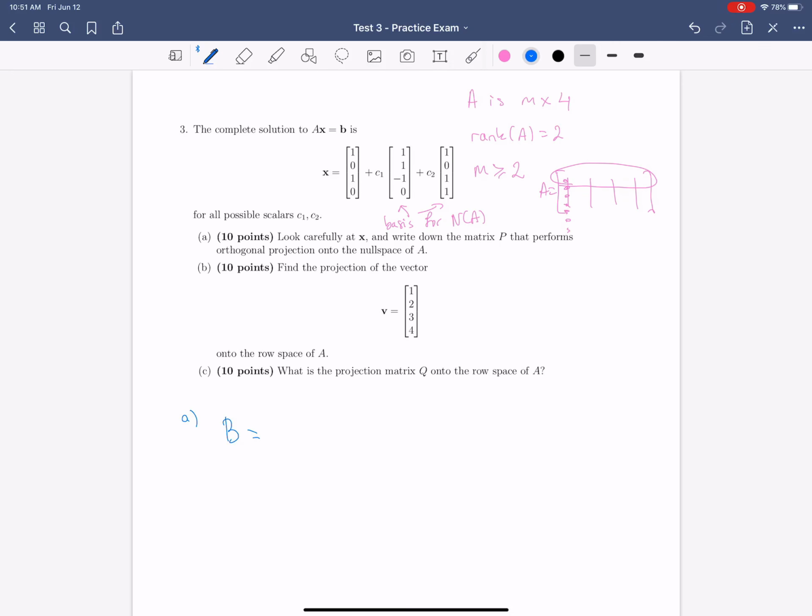I won't call it A because A means something else, but I can write a matrix B that has these two columns spanning its column space, right? So then what I'm being asked to do in part A is to write down the matrix P that performs orthogonal projection onto the column space of B.